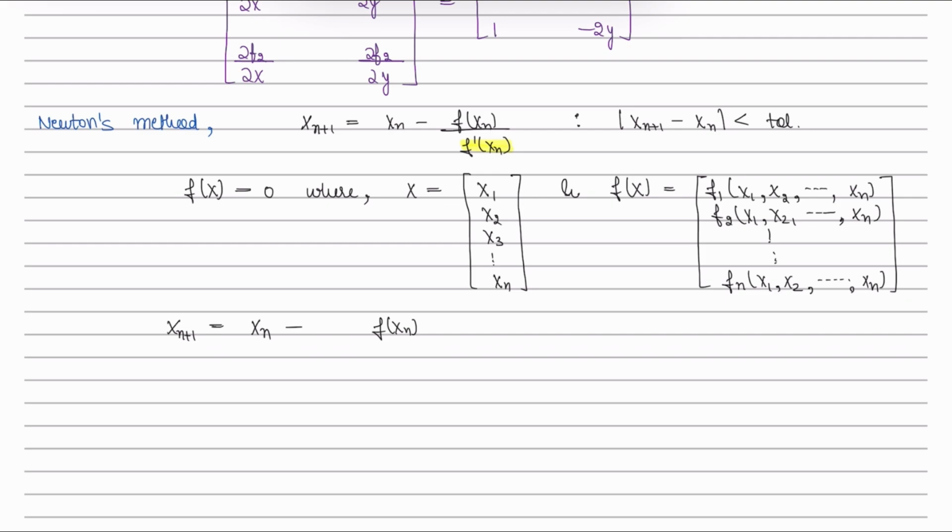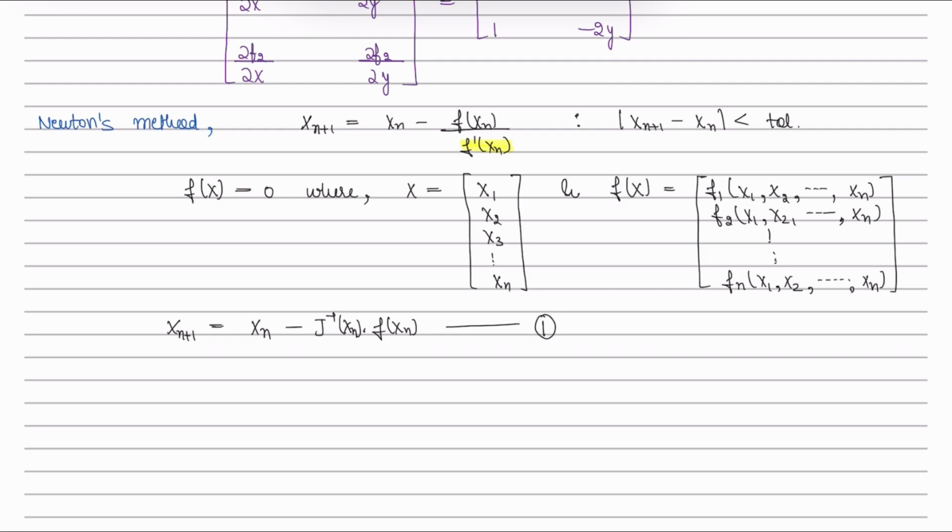Since this is matrices, and in matrices for derivatives we use the term Jacobian. Since it is in denominator, so we can multiply it with the inverse of Jacobian of xn. Now this equation will be used as the iterative process for the Newton's method for non-linear system of equations.